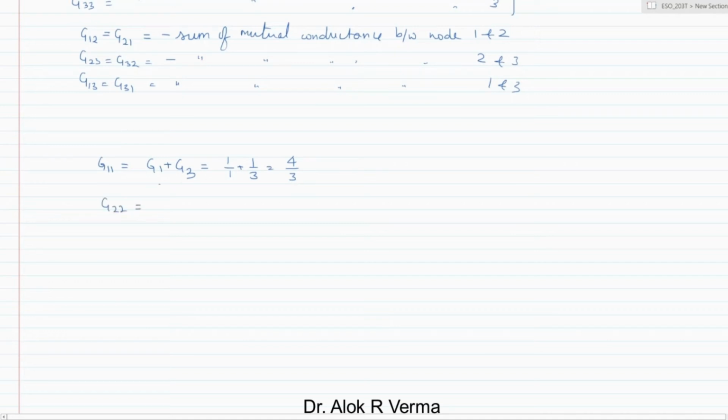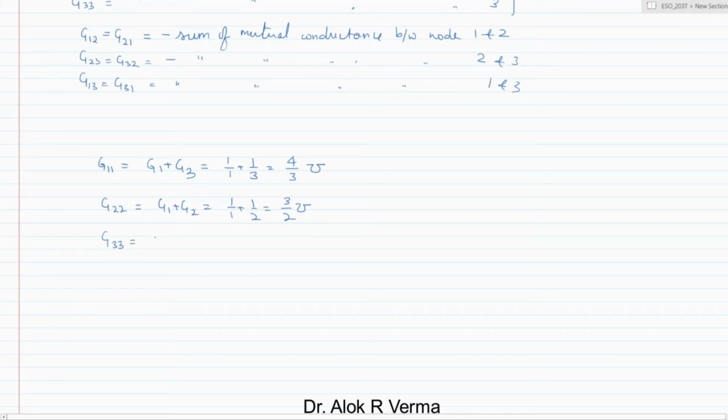Similarly, what is G22? G22 is G1 plus G2, which is nothing but 1 by 1 plus 1 by 2. And this is mho, not ohm, because this is conductance. So this is 3 by 2 mho. Similarly, what is G33?